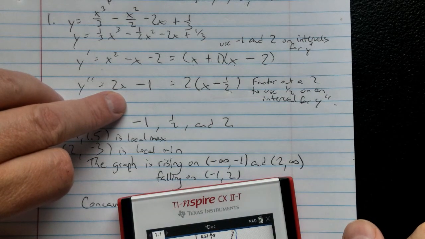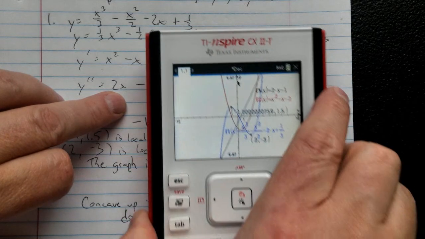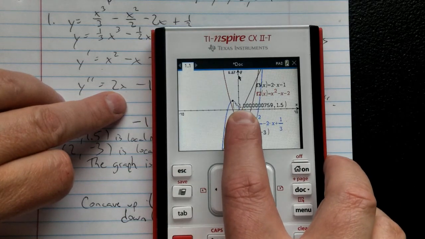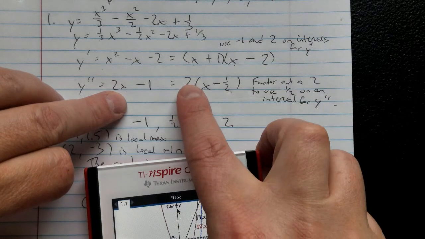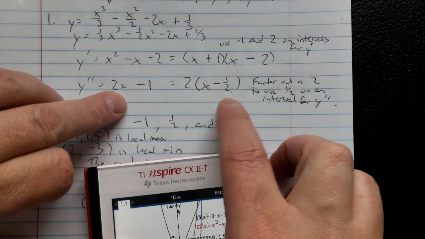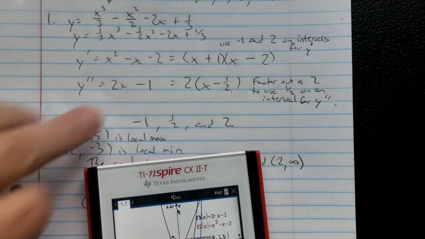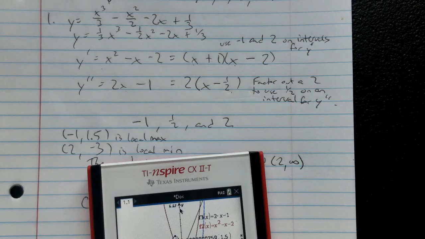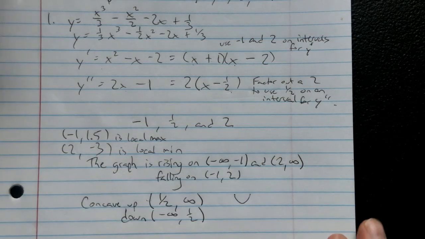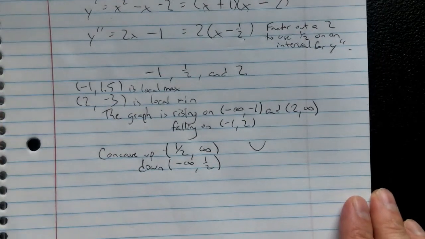Okay, so your x value is -1, but they did 2 times -1/2 in order to get the -1. Okay, so then they tested points.